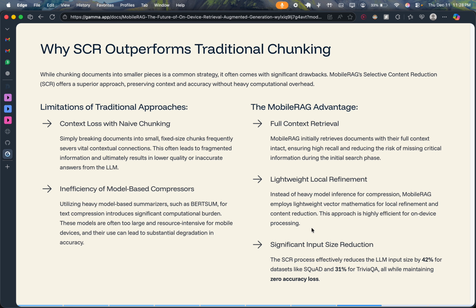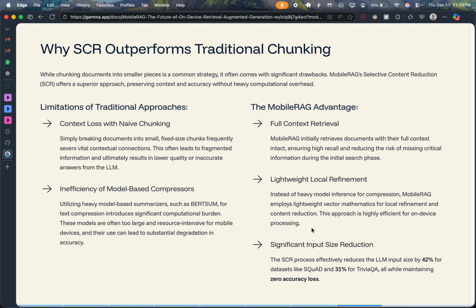So why is this important? Because it overcomes the limitations of traditional approaches, like context loss with naive chunking and the inefficiency of model-based compression. The true MobileRAG advantages are full context retrieval. MobileRAG initially retrieves documents with their full context intact, ensuring high recall and reducing the risk of missing critical information during the initial search phase.